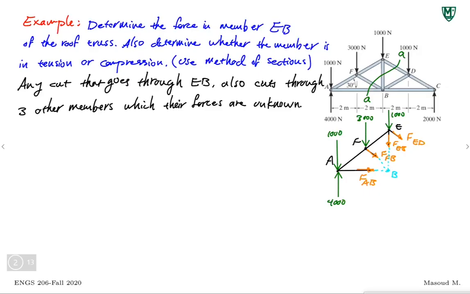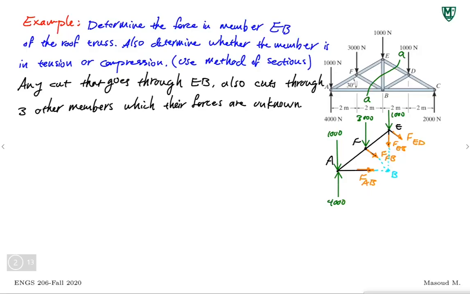So, something interesting. If I find the moment about point B, I can eliminate everything, and the only thing left would be FED. So I might not be able to find all the forces right here, but I can find FED by looking at this.